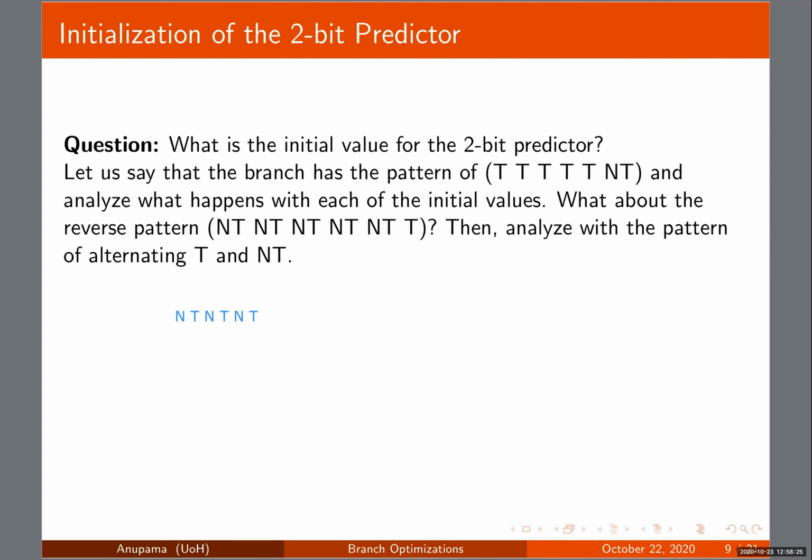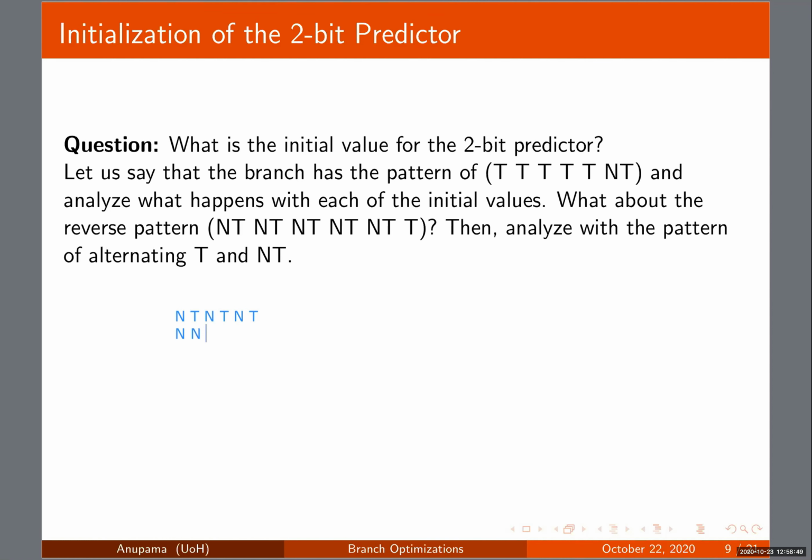Let's start with 0, 1. We predict not taken. So therefore, we say not taken. We are now correct. So we don't change our state. And therefore, we predict not taken again. When it is taken, it becomes 1, 0.